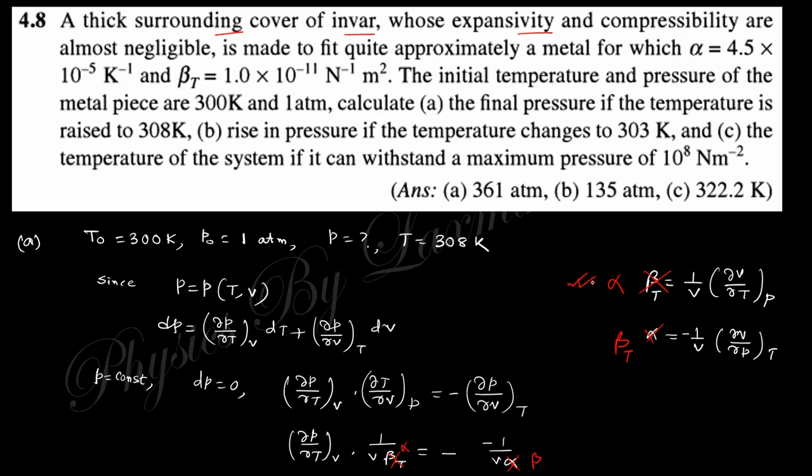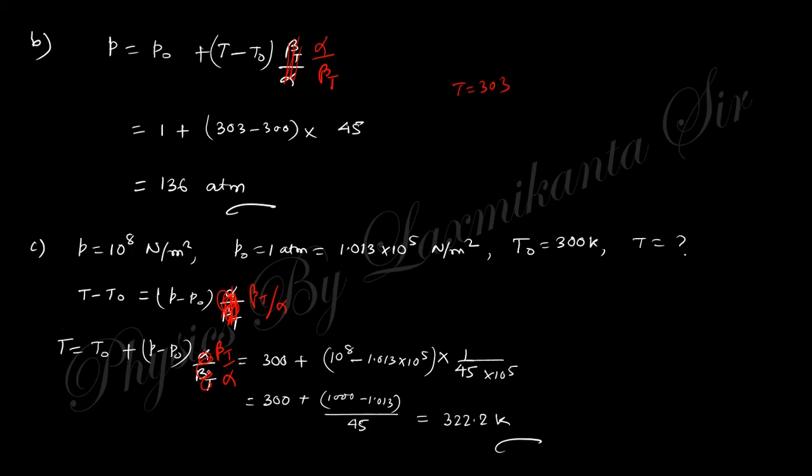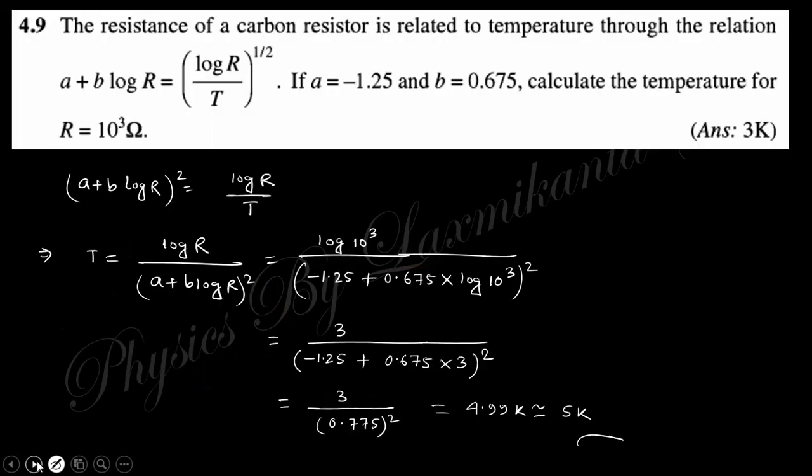This is the right notation. Put this value 300 and P equals 10 to the power 8 Newton per meter square. You need to take 1 atmosphere in Newton per meter square, value T0 here and T. So T can be found easily. Correct. Go to the next one.